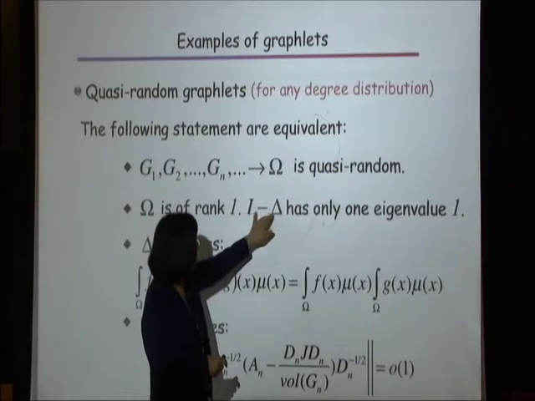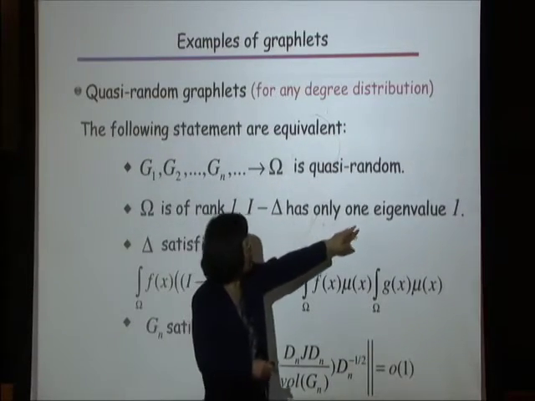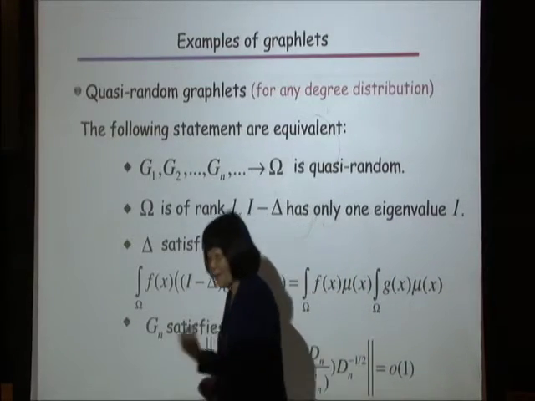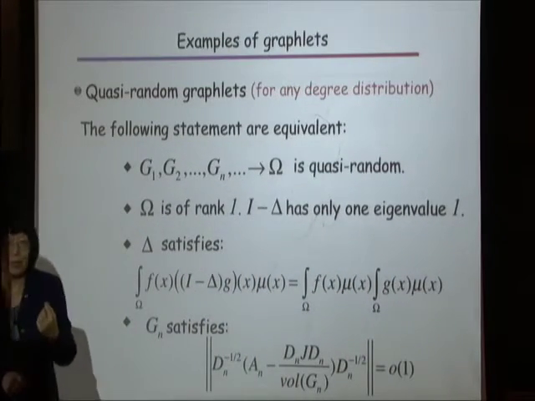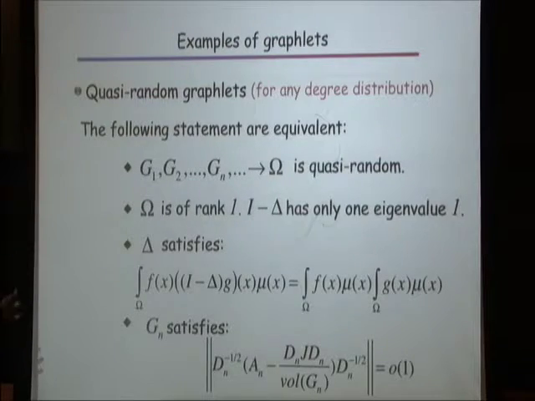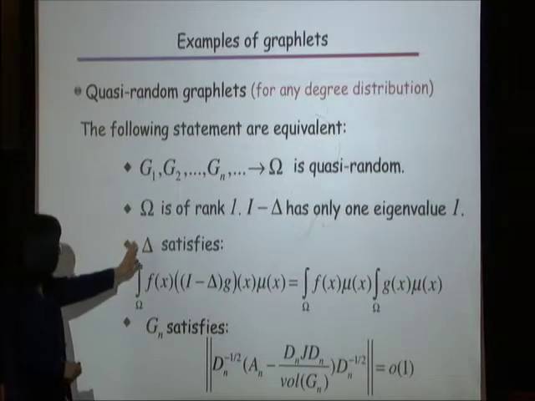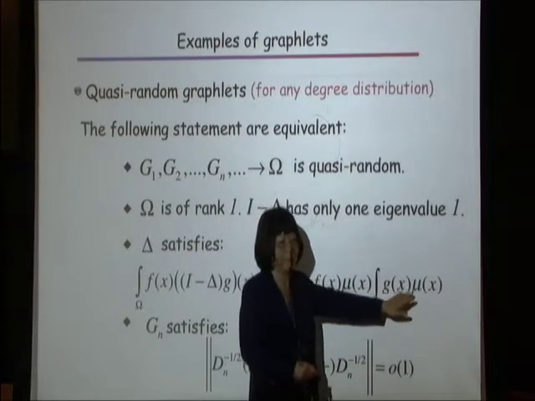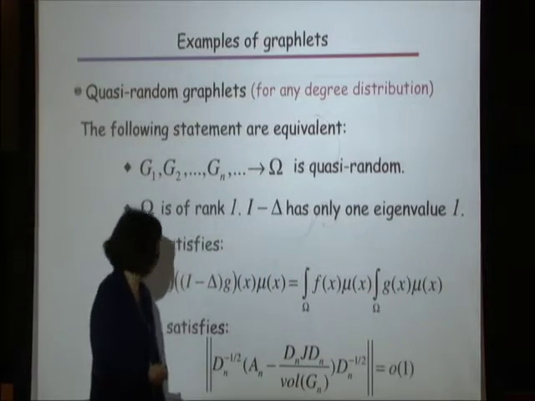And this I minus delta only has one eigenvalue, 1, and all the others are 0. So all the epsilons we previously worried so much about all turn into 0, see? Another way to say it is only its projection on this main eigenfunction matters.